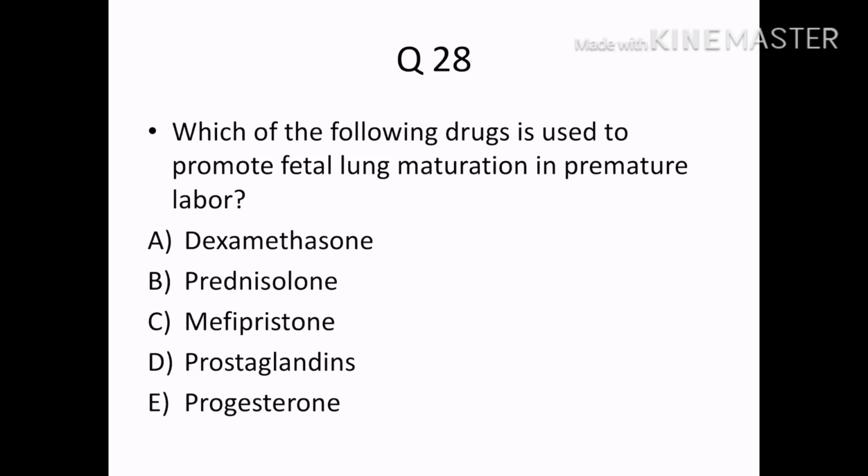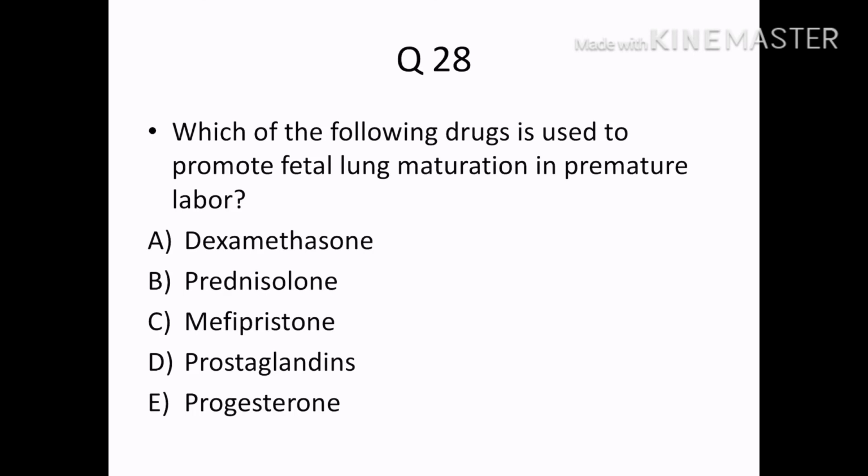This leads to problems in breathing after birth. So a mother that is likely to have a premature labor is given one of the following drugs to stimulate the fetal lung maturation. You have to tell which is the drug of choice.